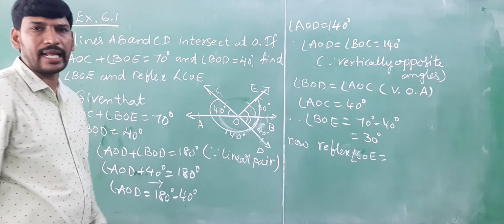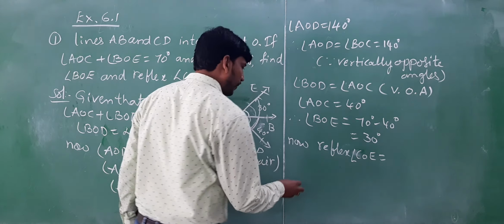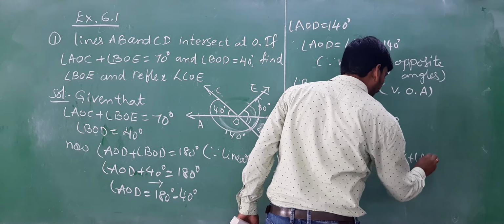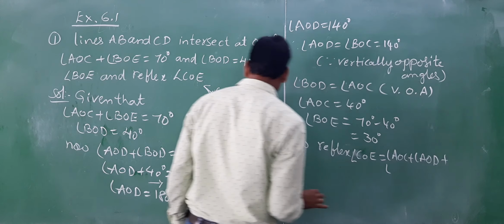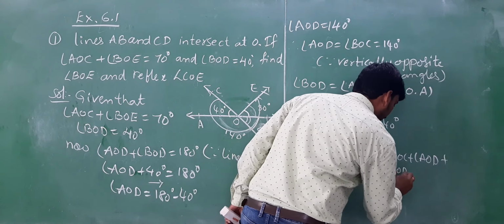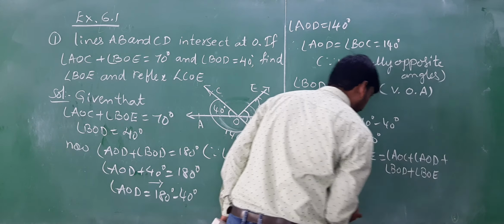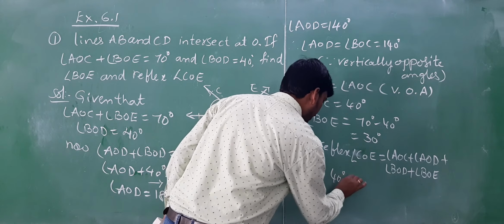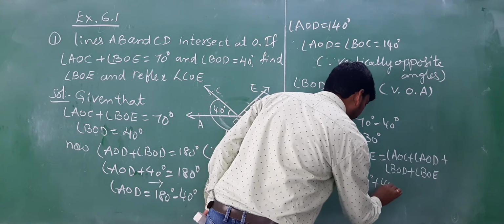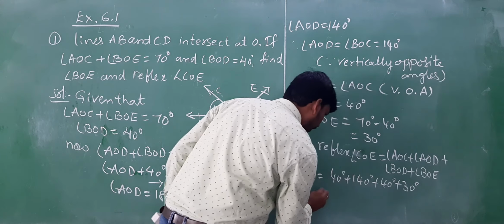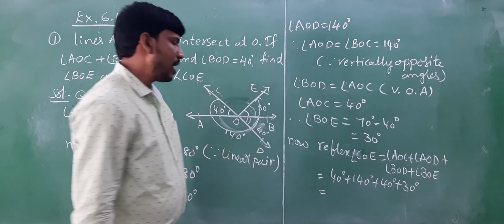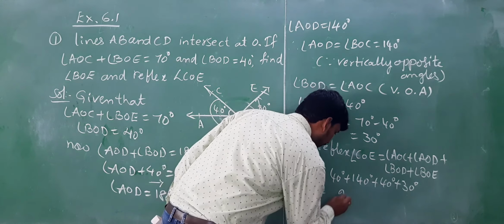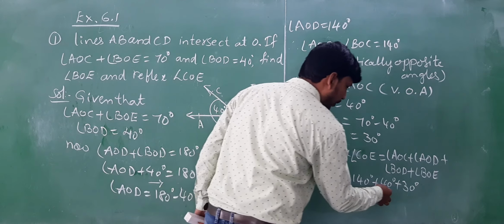By adding all these angles, you will get the reflex angle. So these four angles are equal to 40 degrees plus 140 degrees plus again 40 plus 30 degrees, which is 140 plus 30 is 170, 170 plus 80 is 250 degrees.